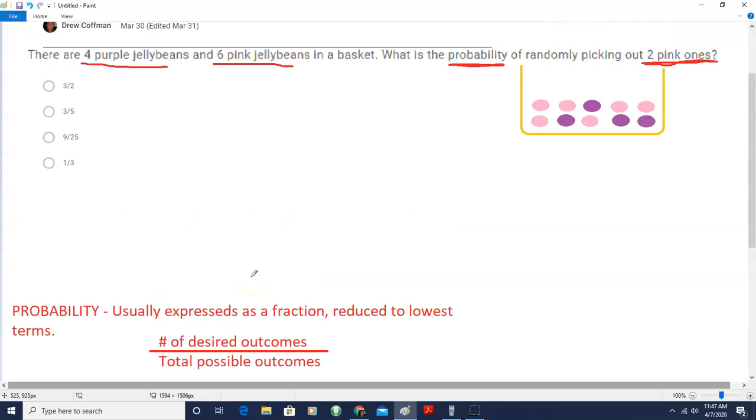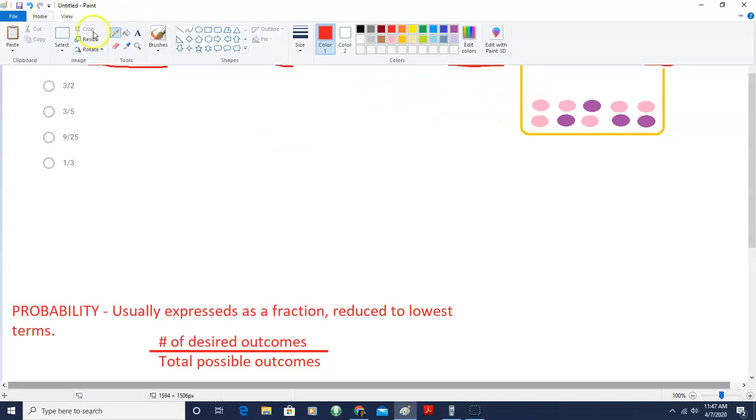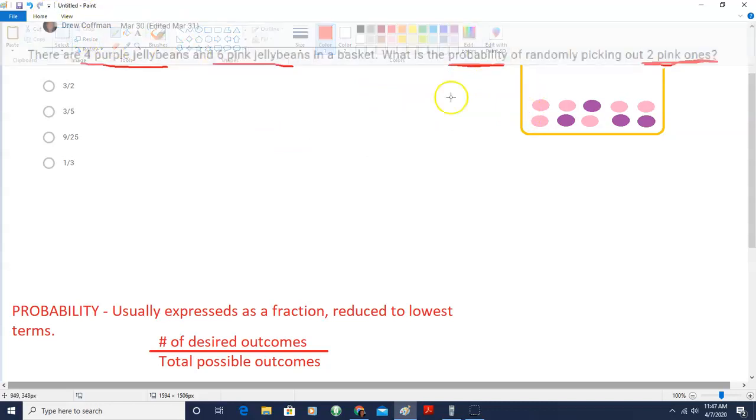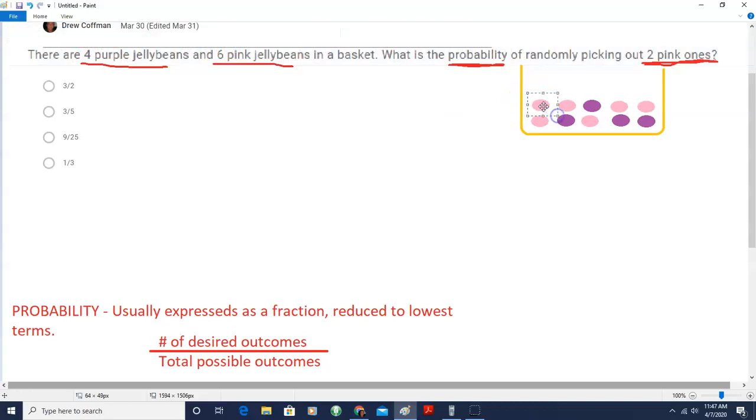In our particular case, what do we want? We want pink ones. But let's talk about just picking out one pink one. What's our probability of picking out one pink one? Well, there's 1, 2, 3, 4, 5, 6 pink ones in there. That's our desired.